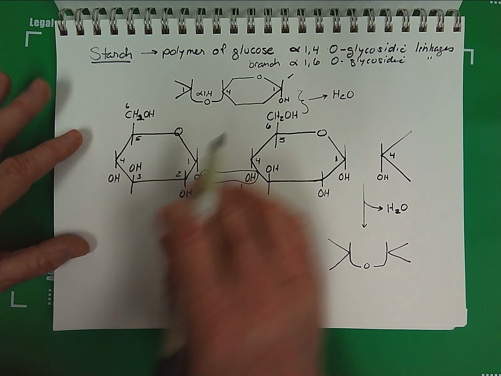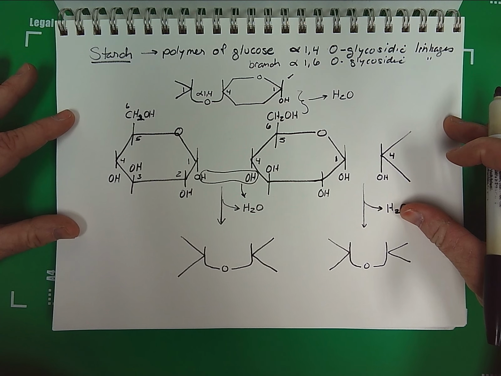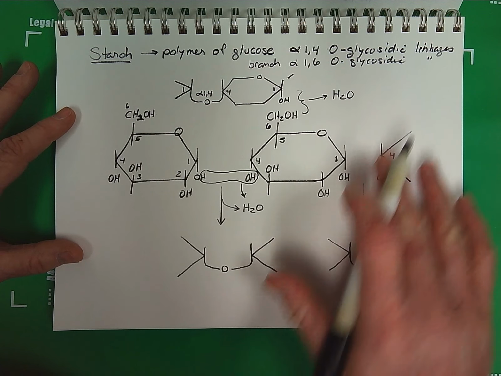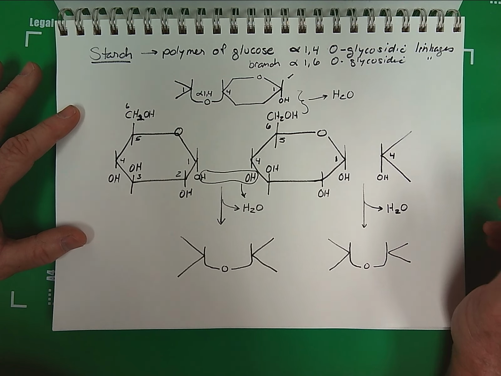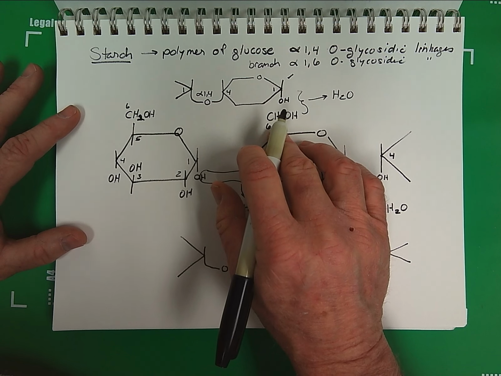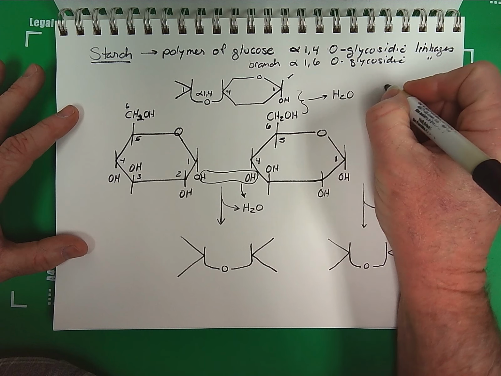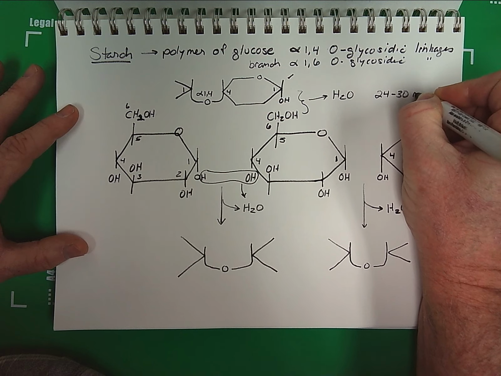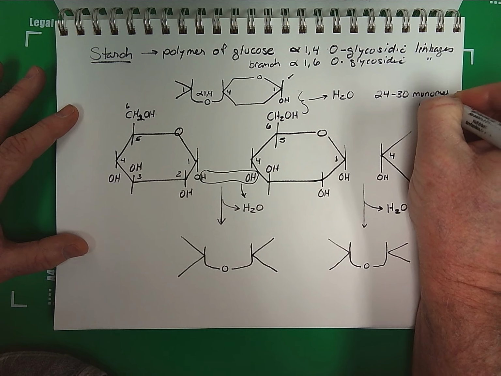Now starch again is very long polymers. There are many, many glucose linked together. And we also have these branches giving an increase in the density of glucose in a molecule of starch. The frequency of these branches indicates the density of the starch molecule, and these happen every 24 to 30 monomer units of glucose.